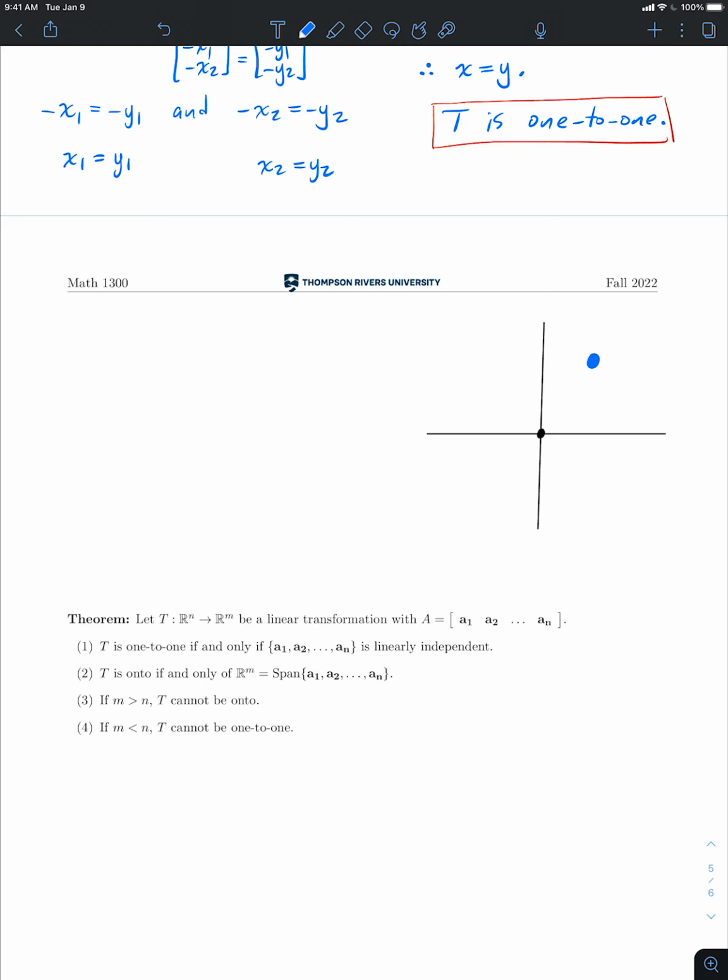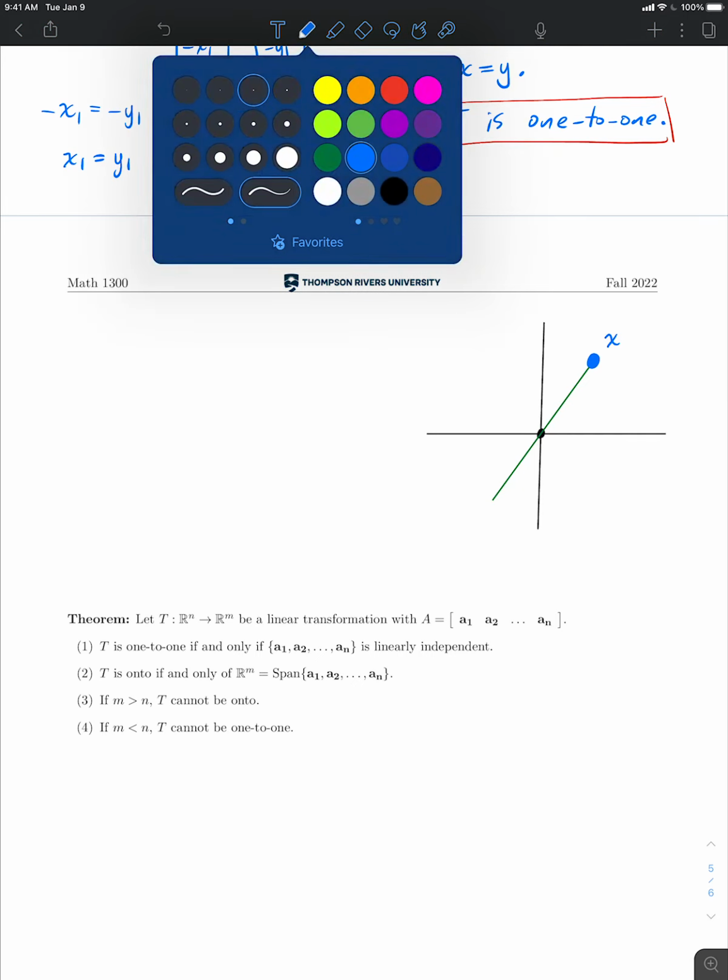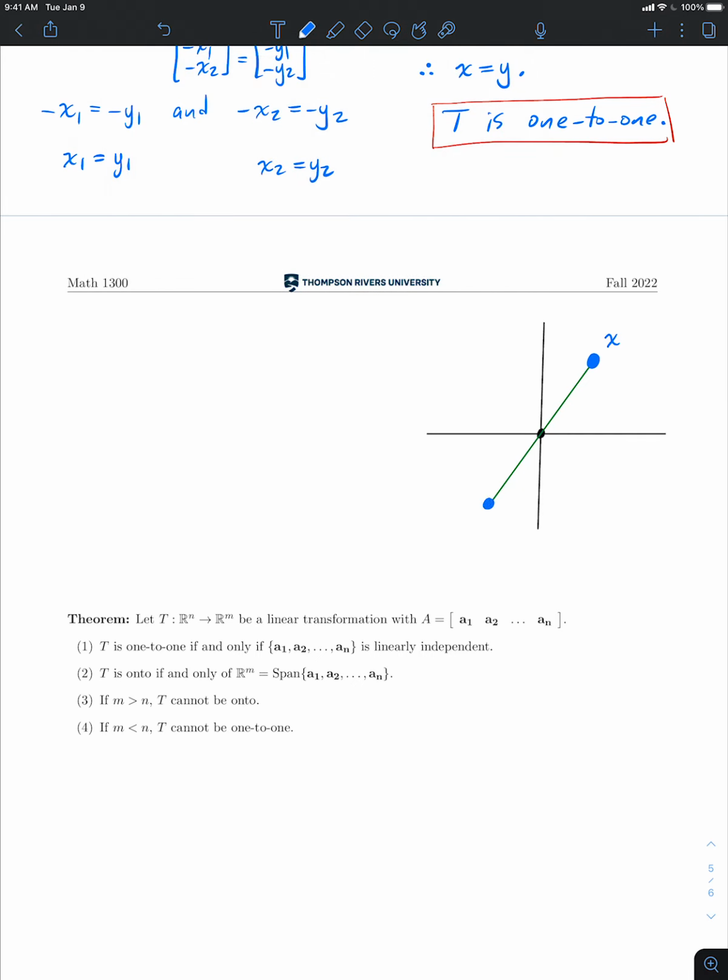Let's make some notes about what we just said. Let's draw a picture here. That's x, and down here is T of x.